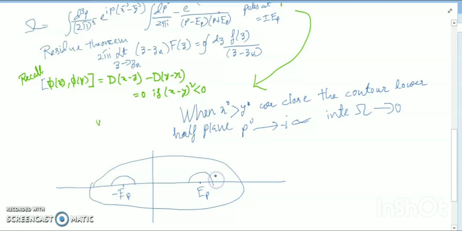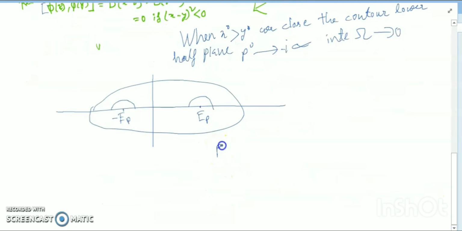So whatever I get, p0 equal to minus i epsilon plus Ep, and another is p0 equal to minus i epsilon minus Ep. These are the two poles of the contour.